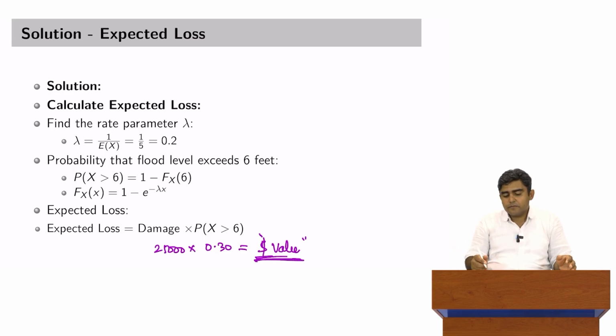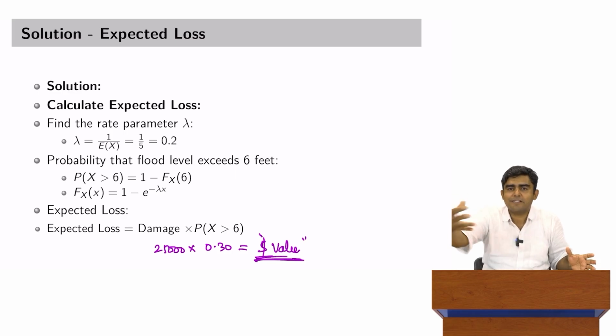And you can draw a rough analogy to the insurance world, right? If I have to insure or pay premium for a particular infrastructure, the total damages may be 25,000 units. However, if probability of things going wrong is very, very low, I should not be paying the insurance premium as high as the asset value itself.